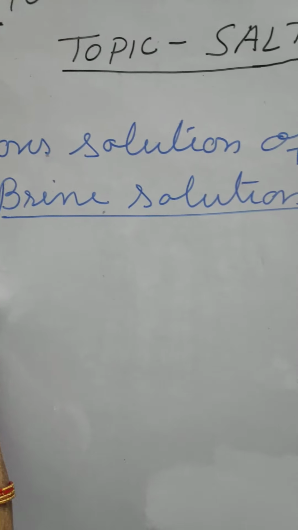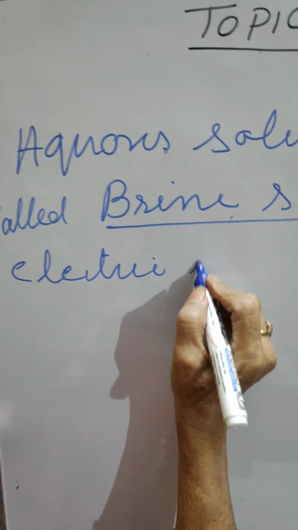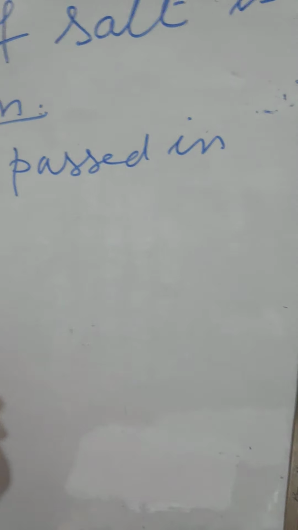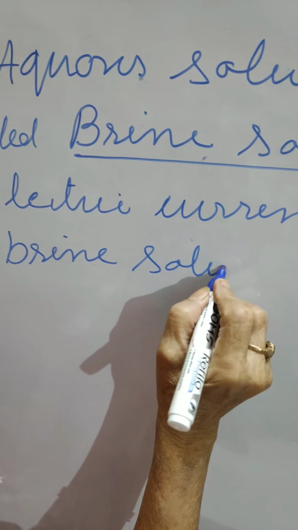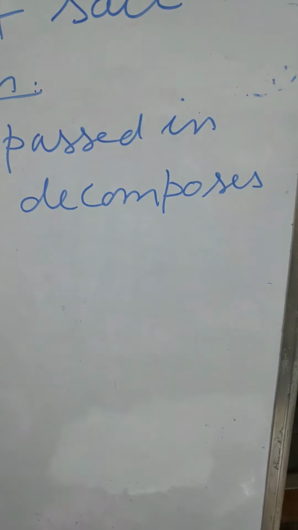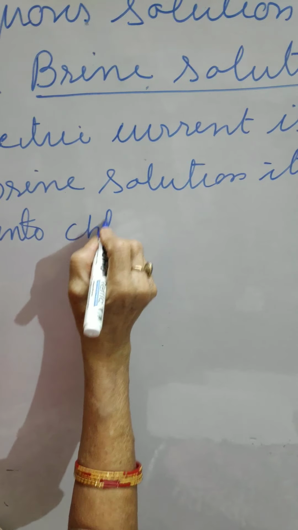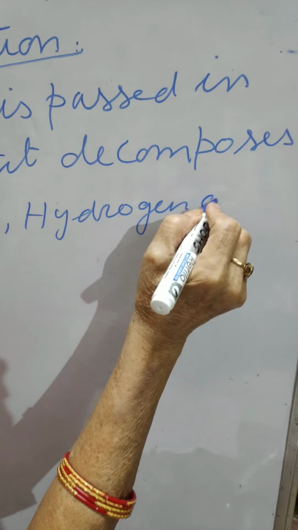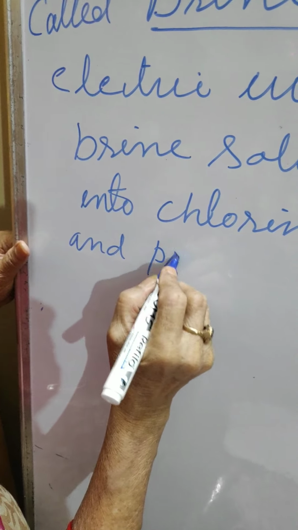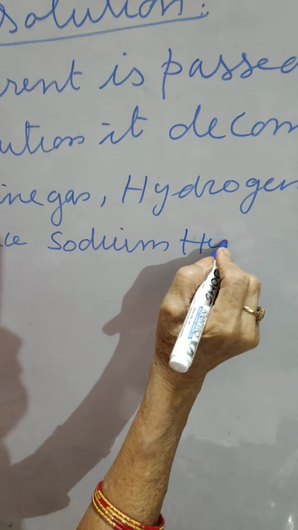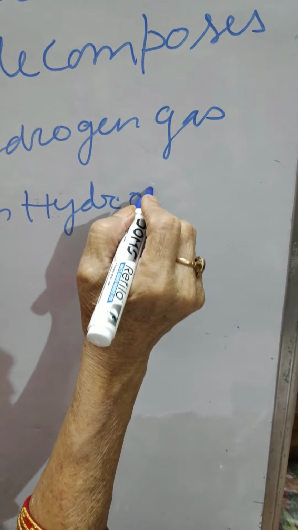When electric current is passed in brine solution, it decomposes into chlorine gas, hydrogen gas, and produces sodium hydroxide as a product.